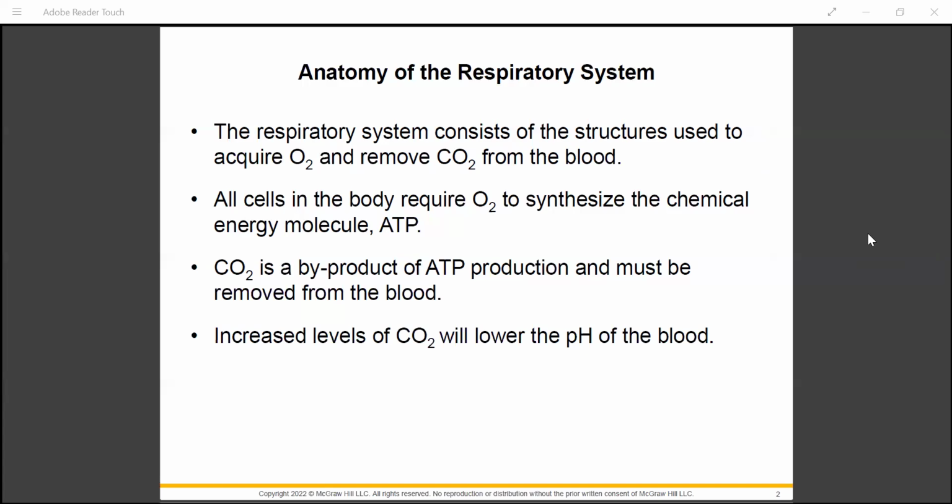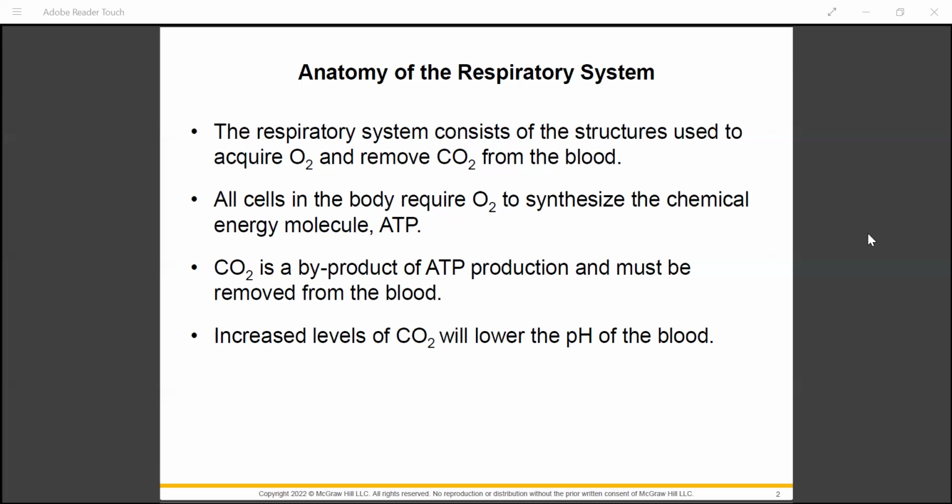The reason we actually need oxygen is because it's part of the reaction for ATP, the energy molecule that our cells use. The reason we need to get rid of CO2 is because it's a byproduct of that ATP production. CO2 is a waste.